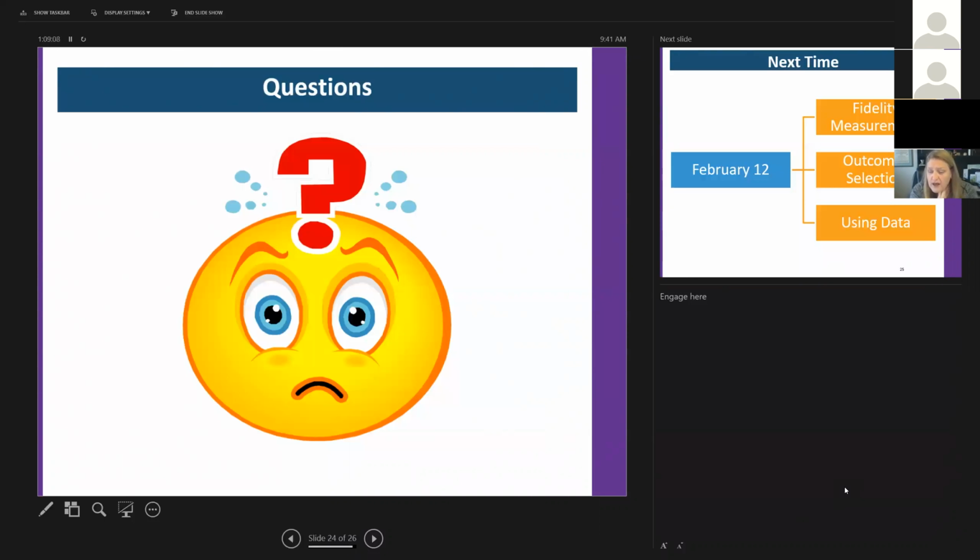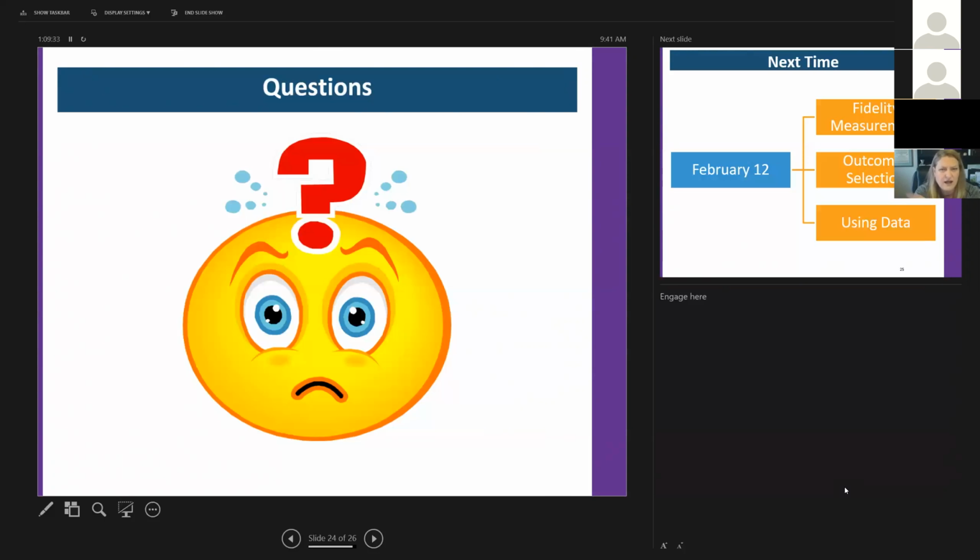I did have an additional question around measurement tools and what other pieces are out there to measure outcomes, maybe in addition to the PFS. That is going to be one of those pieces that we talk about next time. In the meantime, if you'd like to have a conversation, please feel free to reach out to me.